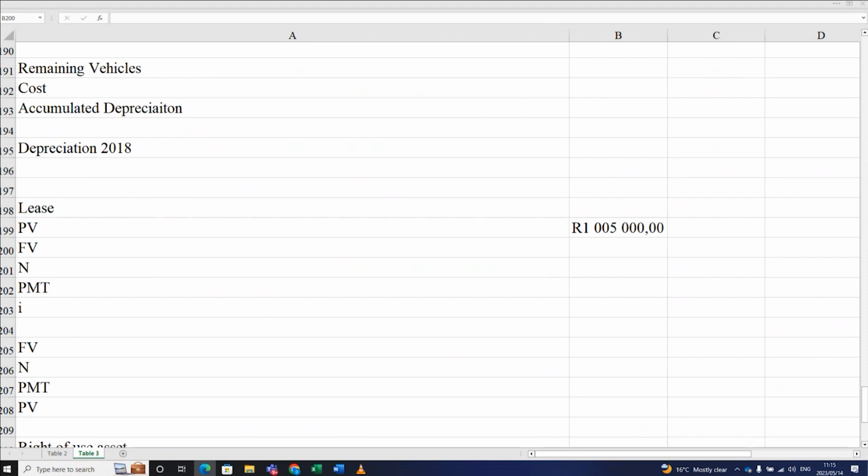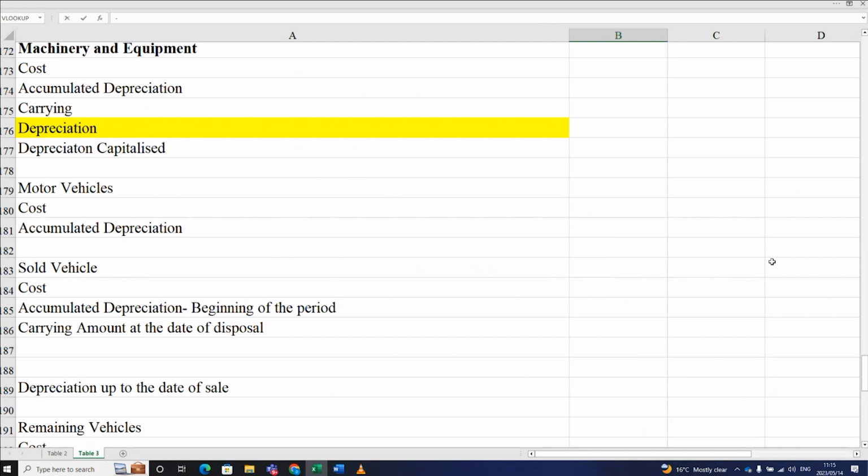The standard defines the unguaranteed residual value as the portion of the residual value of which the lessor is not assured. So in this case, the residual value of the asset is 400,000. Then the lease period is 4 years. Then the payment is, I think, at the top.